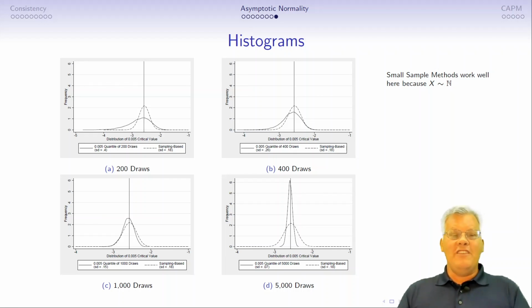And remember from the previous slide, what we found is that this technique had bias with a minimum number of draws of 200. But notice that as I have more and more draws, so as I look at panel B, C, and D, as the number of draws increases, you remember the bias goes away and the standard deviation collapses. So that by the time you look at panel D, the randomization-based methods are really quite accurate, right?